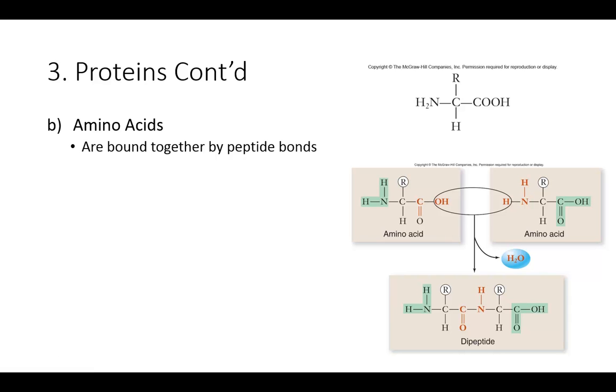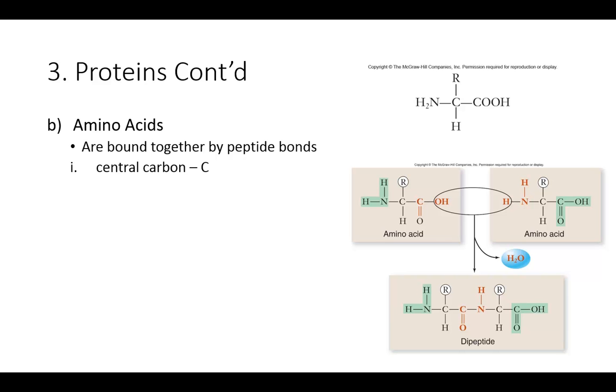The monomer of proteins is called amino acids. I just mentioned that before when we were talking about RNA. And the bond they make is called a peptide bond. The composition of amino acids is they have a central carbon, and as we talked about before, a carbon can make 4 covalent bonds.